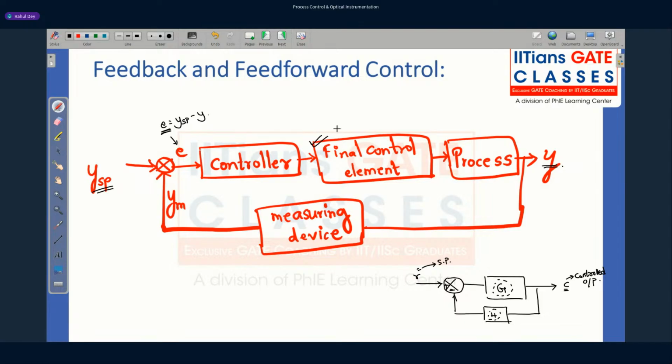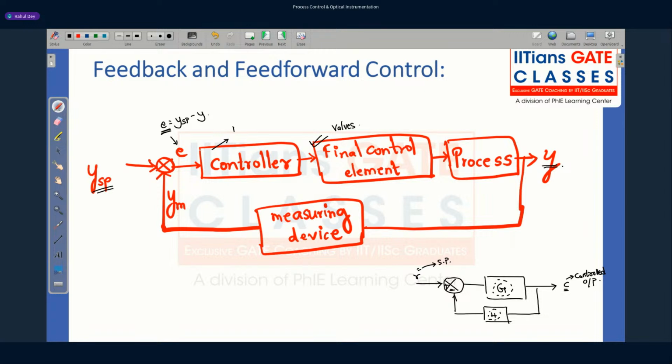An example is a valve. So the valve is my final control element. It takes the output of the controller as input and produces an equivalent corrective action, so that my desired output becomes equal to my actual output.